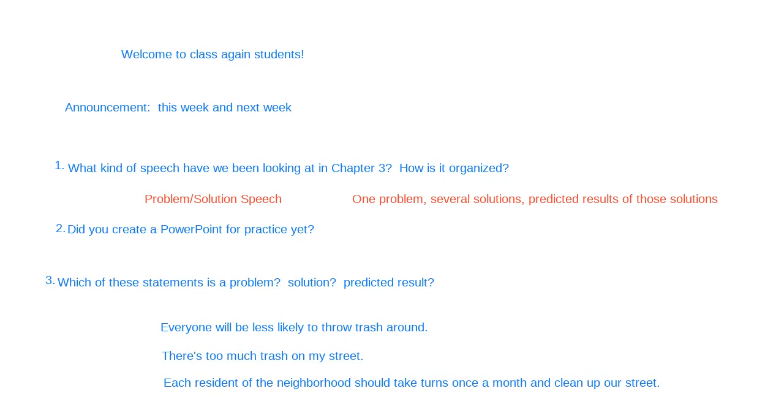The solution, each resident of the neighborhood should take turns once a month and clear up on our street. And predicted result, everyone will be less likely to throw trash around. That is correct. Good job.